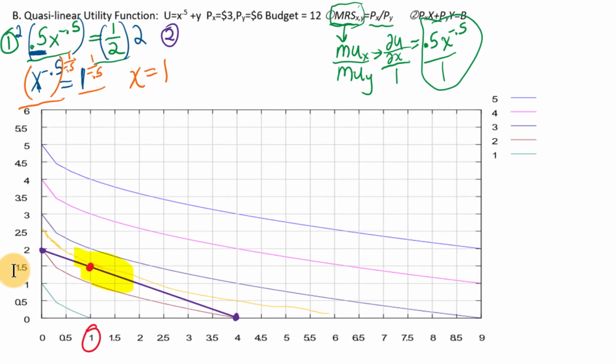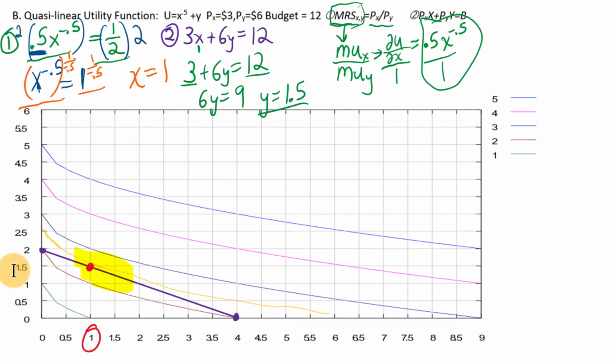Equation 2 says the price of X times X, which is 3X, plus 6Y equals 12. And if we plug in 1 here for X, we get 3 plus 6Y equals 12. Subtract 3 from both sides. 6Y equals 9. Y equals 1.5 exactly.